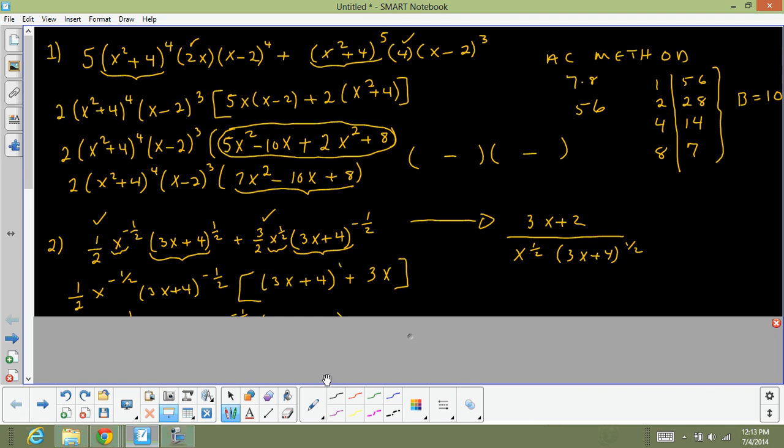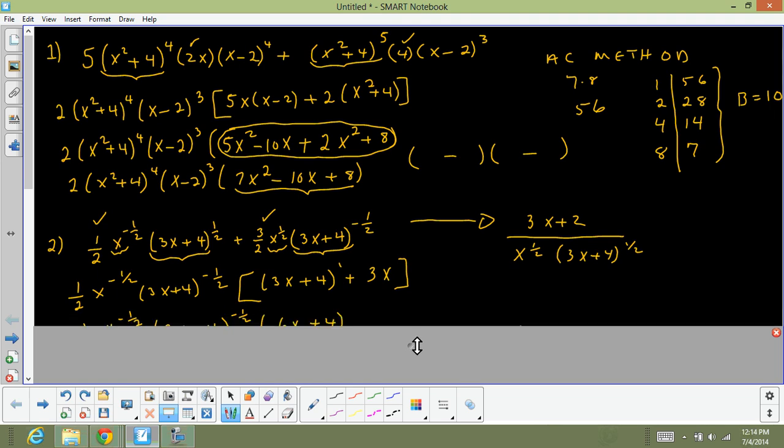No real need to write that 1 there. And then the second term, very similar. We factored out 1/2. 1/2 divided by 3/2 gives you a factor of 3. And x to the 1/2 divided by x to the minus 1/2 results in just an x to the first. And of course, the 3x plus 4 to the minus 1/2 was factored out.